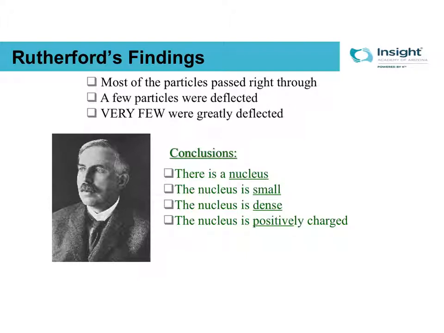The little deflection that was caused as some things got close was because the nuclei are positive, and they repel each other a little bit. So if you were filling out your table for Rutherford, his name is Rutherford, his experiment is that gold foil experiment, and then he discovered that the nucleus was this small, dense, positively charged thing at the center of the atom surrounded by a bunch of empty space.